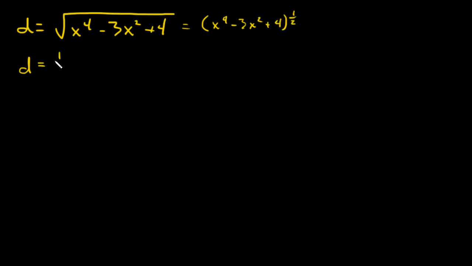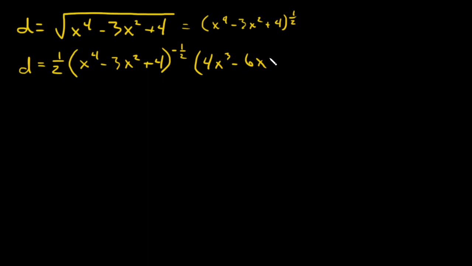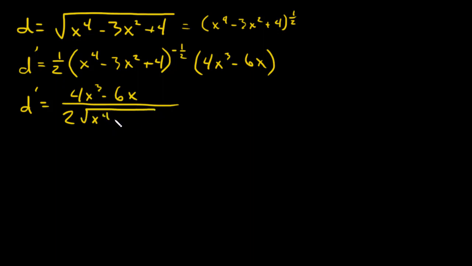And the derivative would be 1/2 times all of this to the negative 1/2 times the derivative of the interior, 4x cubed minus 6x. And when I rewrite that, d prime is equal to 4x cubed minus 6x over 2 times the root of x to the 4th minus 3x squared plus 4.